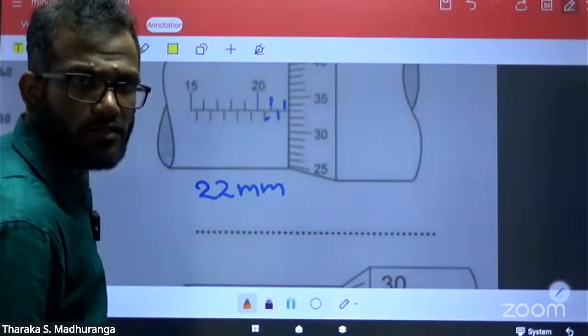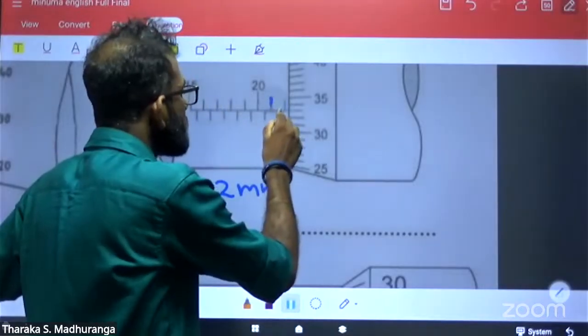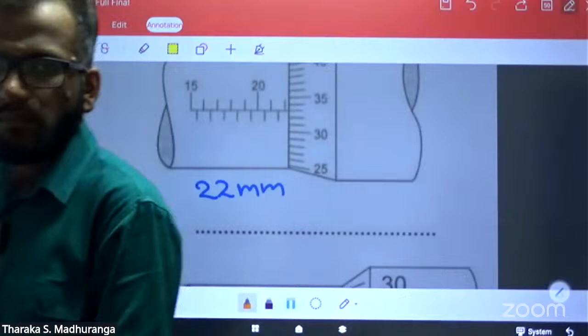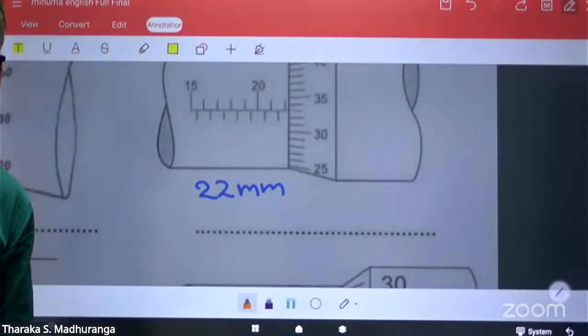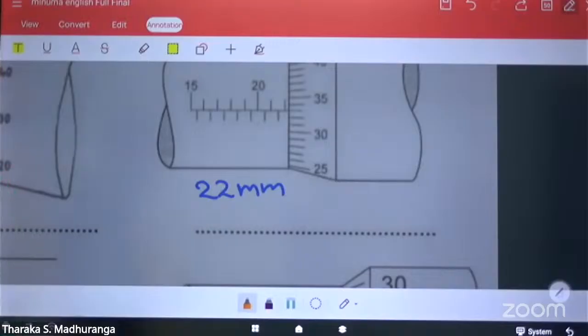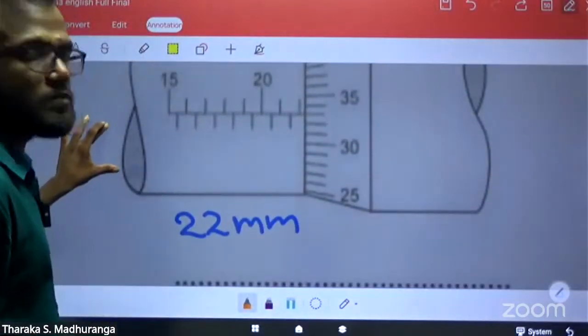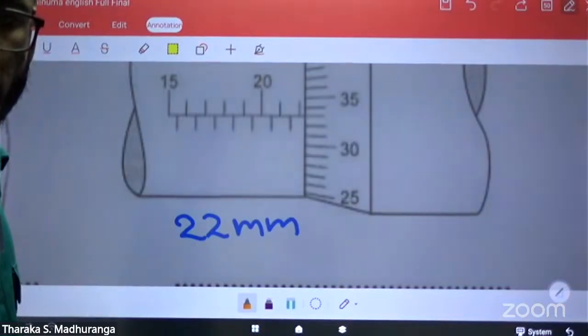What is the coincide part with the circular scale middle axis? Quickly. Simple. Very good. It is 33.